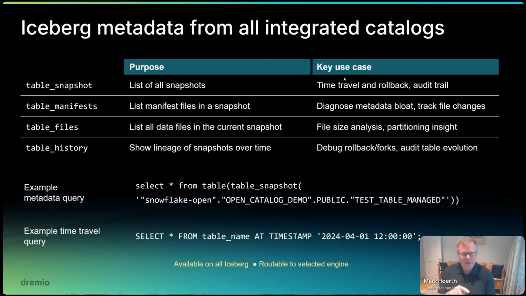And I'll show you in my demo in a minute. I've actually integrated a Snowflake Polaris-based catalog. We'll take a look at a table there, and we could run one of these metadata queries on the table. And what we'll see is a list of the snapshots from that table. All of a sudden, the benefits of Iceberg are becoming apparent because we have all this interoperability associated with tables in the catalog and the catalog itself.